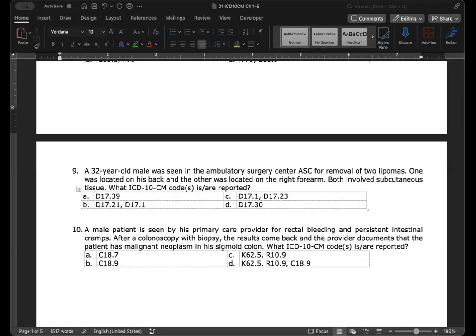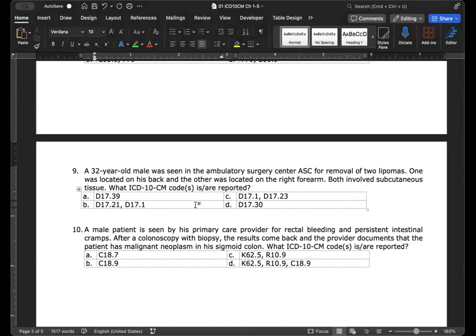So always just look and see what code it's asking for before you jump to procedures, because sometimes your questions will only ask for ICD-10, even though they're telling us what procedures were being done. Yep. Good to know.